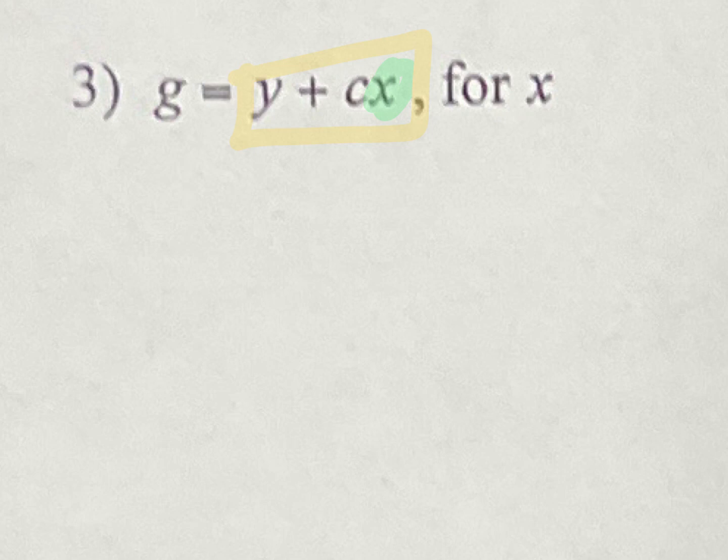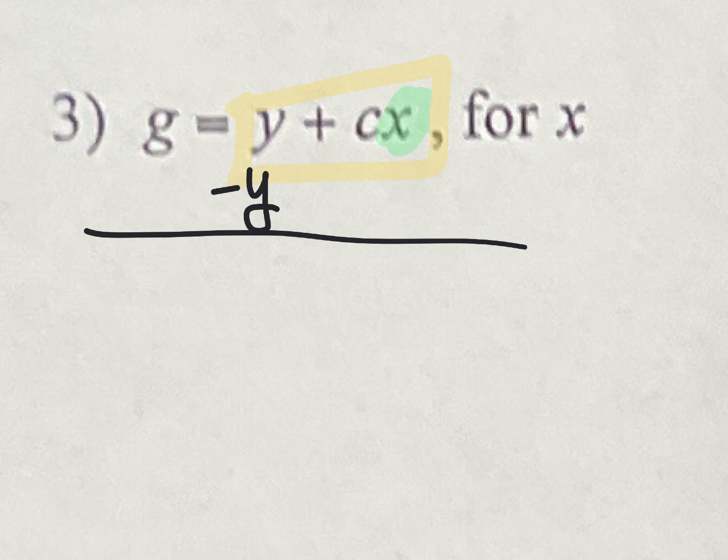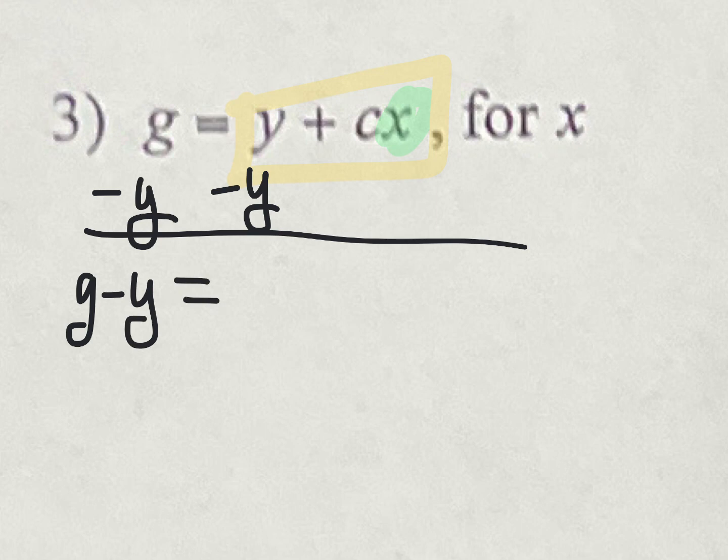How do you get rid of a y? A minus y, because it was already a positive y. So we're going to do a minus y. What I do on one side, I have to do on the other. So g minus y. And I've got to bring those down because I still haven't gotten rid.